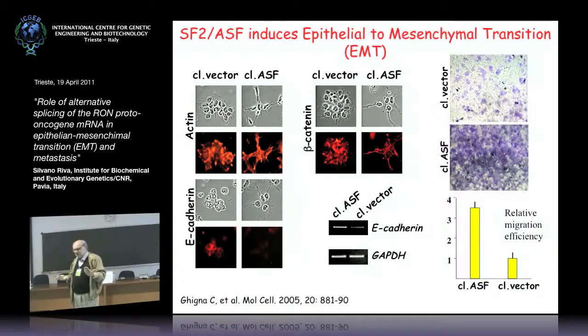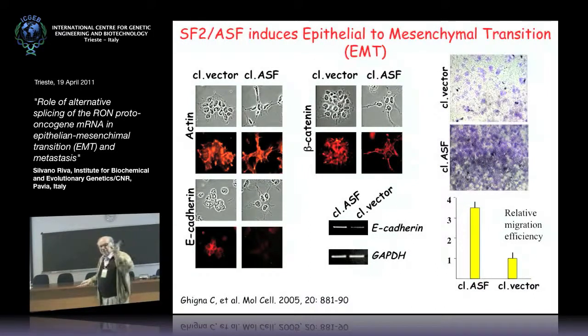You don't need a lot of increase of SF2 to switch from one splicing to the other, and to switch from one type of cells, epithelial, to mesenchymal cells. And these cells are completely different.